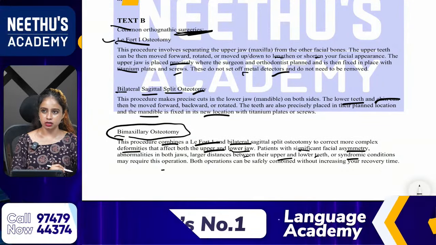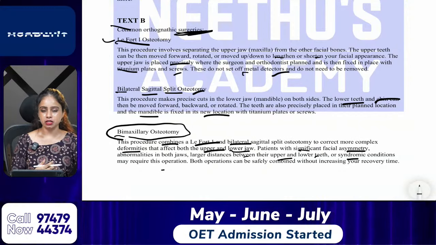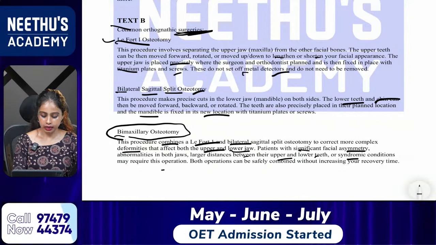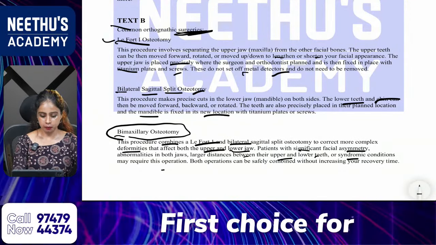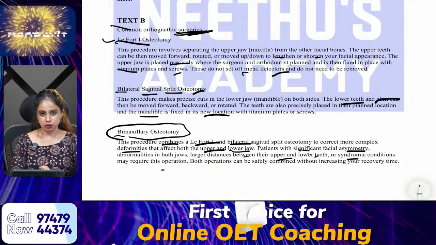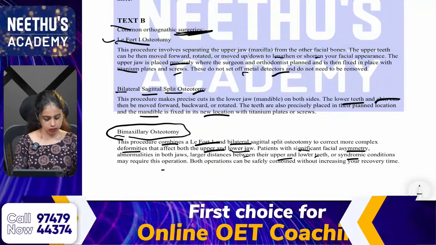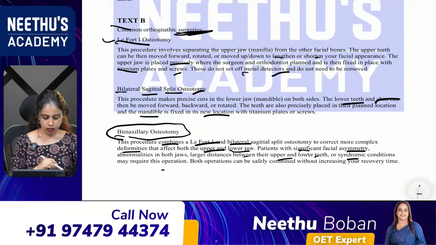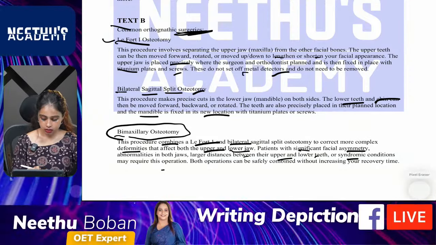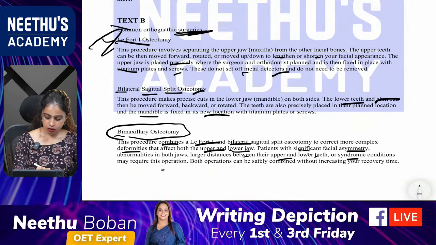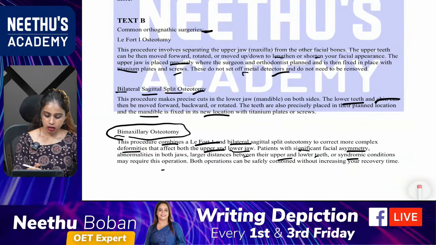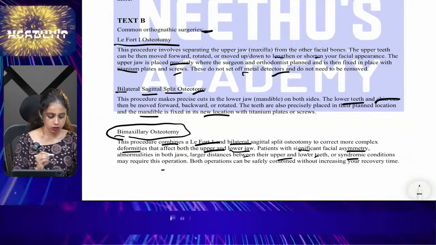So, what are the surgeries? Layford first osteotomy, then bilateral sagittal split osteotomy, then bimaxillary osteotomy. So, what is the correct answer for this question? It is from the first surgery, okay, that is Layford first osteotomy.